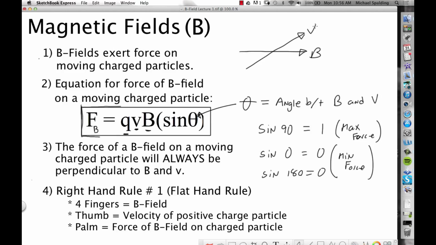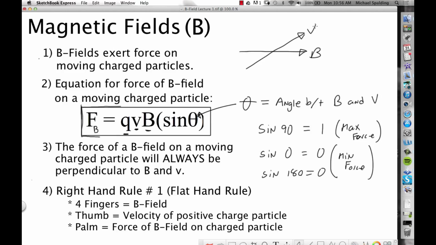Here, your four fingers are the magnetic field, so your four fingers should be that way. Your thumb is in the direction of the positive charge's motion. So which way is the palm of my hand? Up. The force would be out of the palm of my hand.